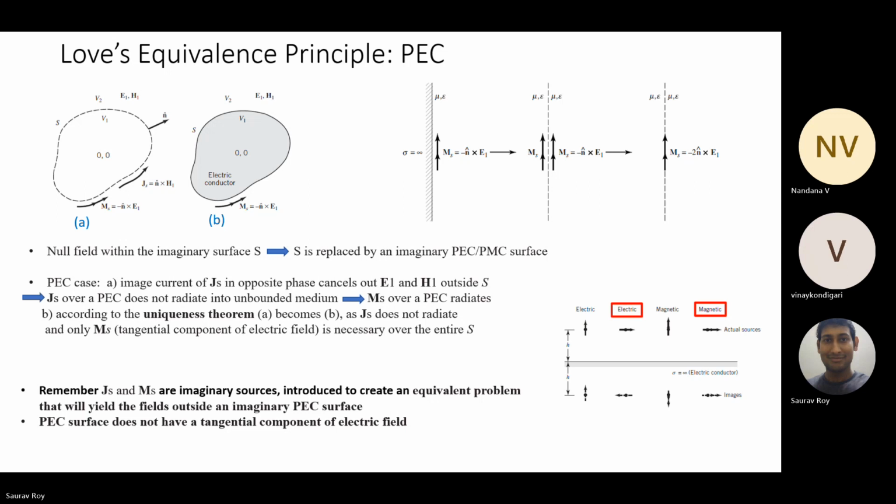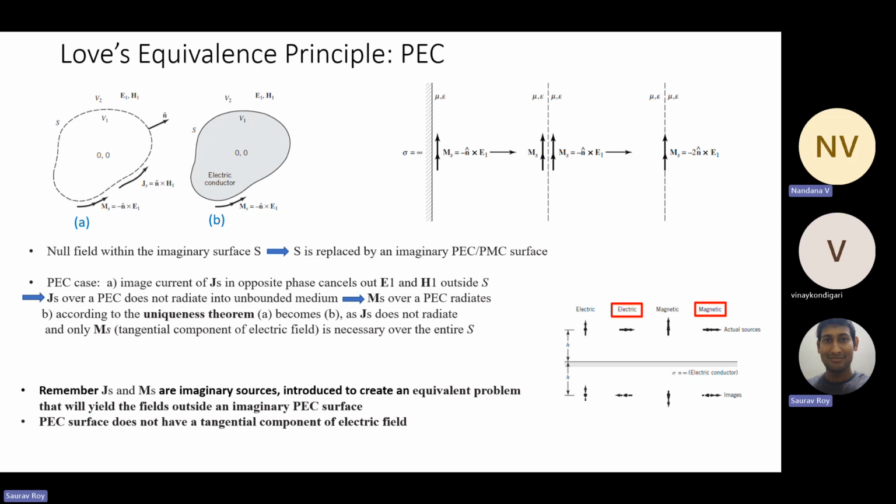Zero, right? But here, do you see, what is the tangential electric field value here? Here also the electric field is zero, no?